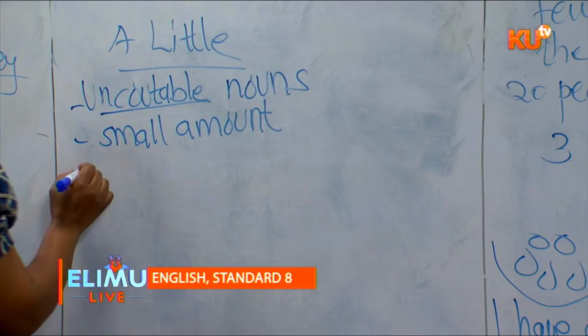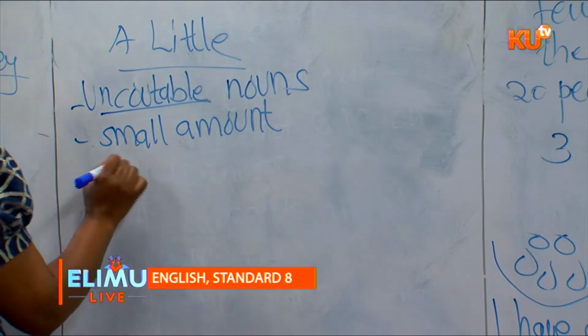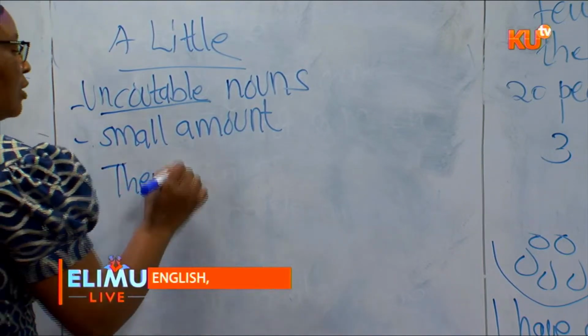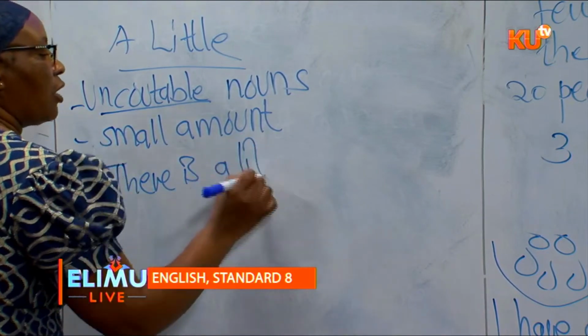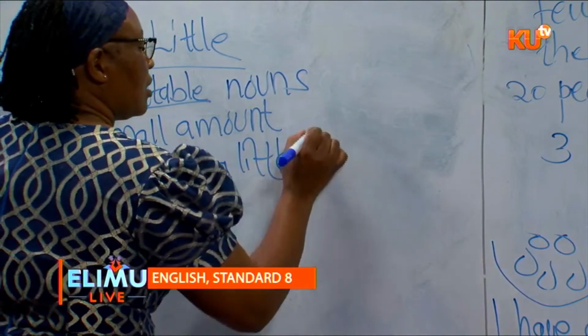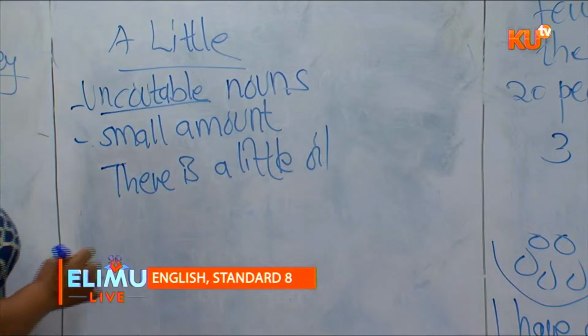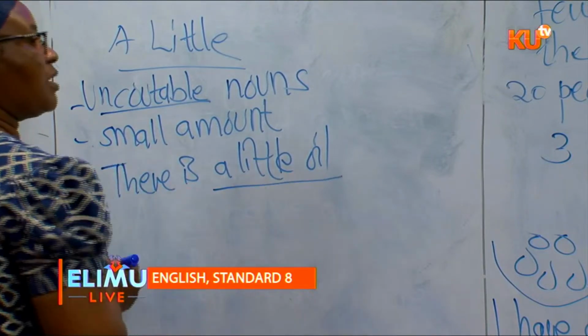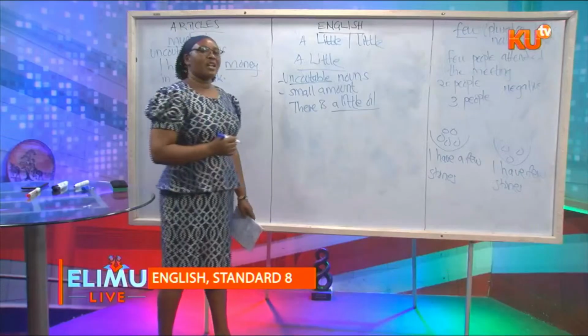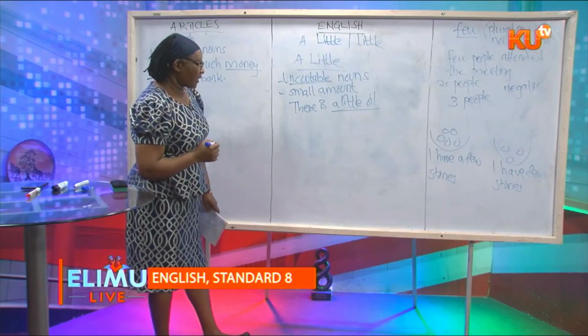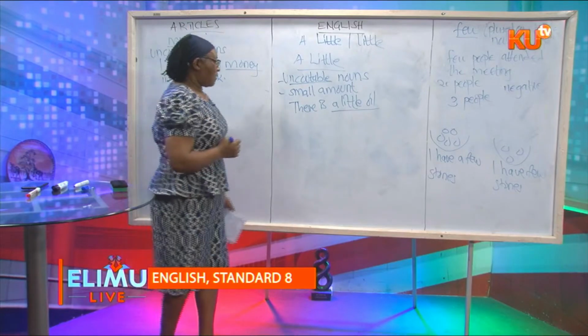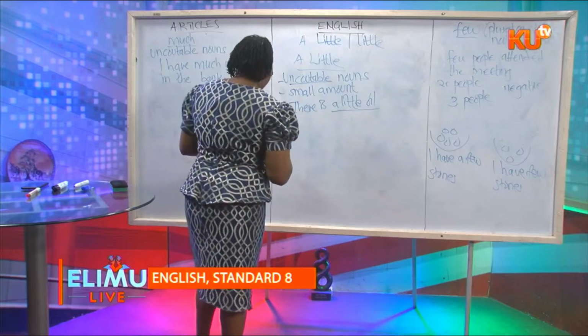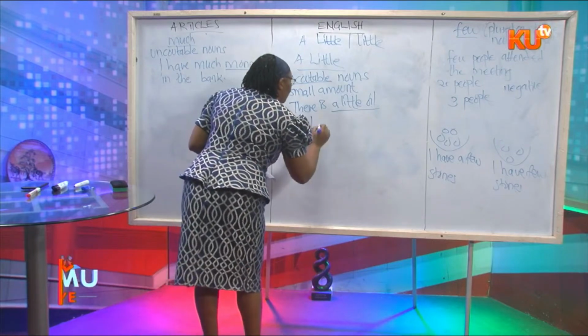Like when I say, there's a little oil. This is in the positive. It means you still have some oil that can be used. Now the opposite applies to the use of little.